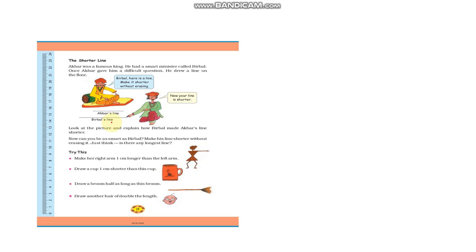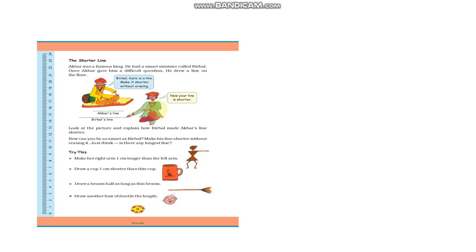Here he made a challenge: he drew a line. This is Akbar's line. He asked Birbal, here is the line, make it shorter without erasing. See here, there is a condition: Akbar drew the line, you should not erase it, and you should make this line shorter.